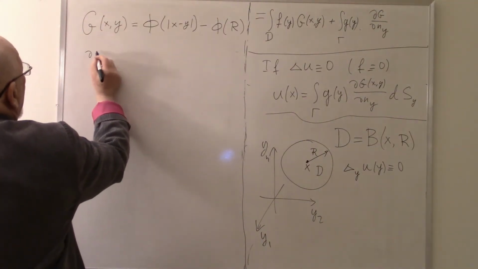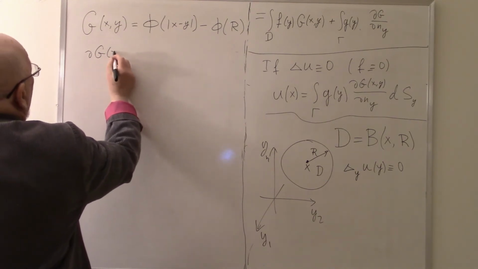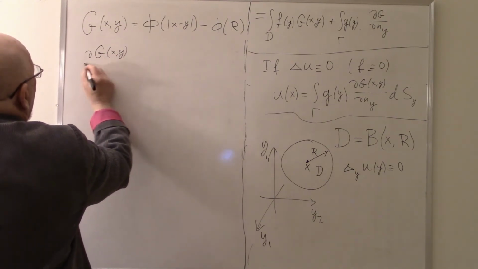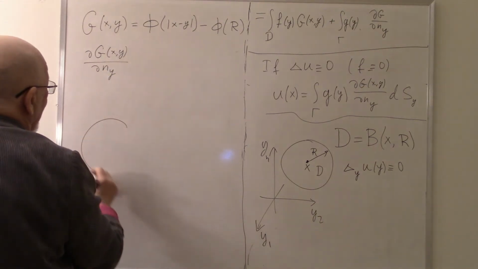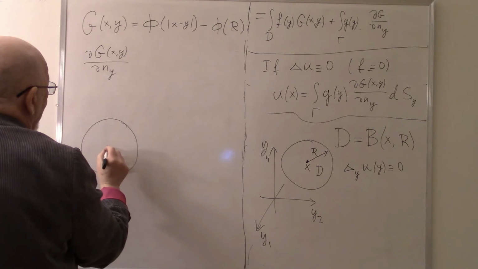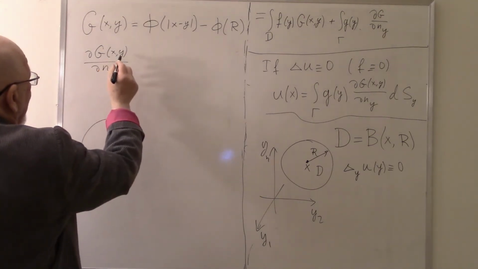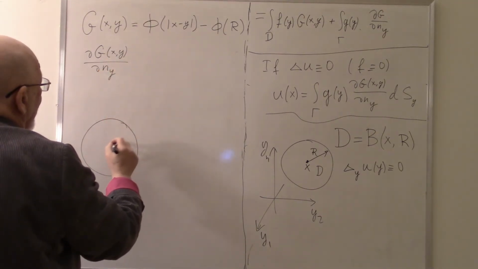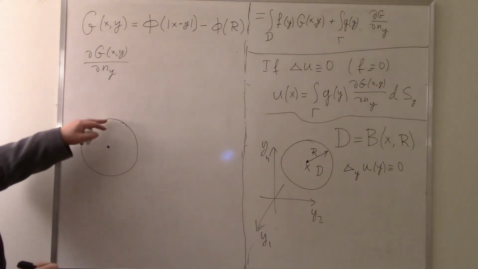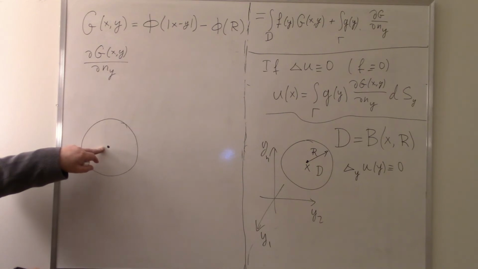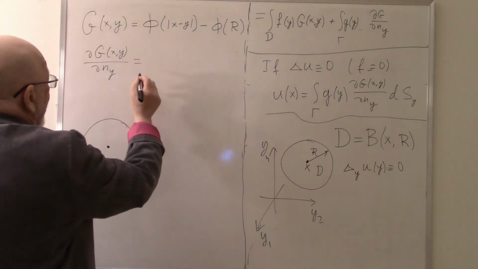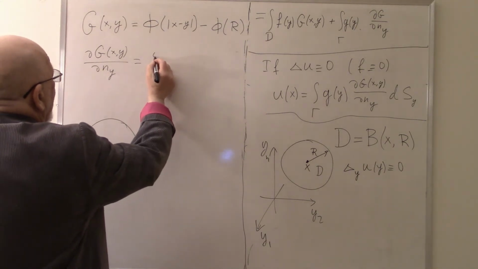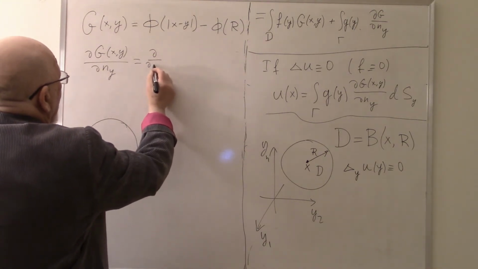So dg of xy d n y. So what is it? If x is fixed, and just y varies, it is the radial function depending on the distance from the 0, simply d r.